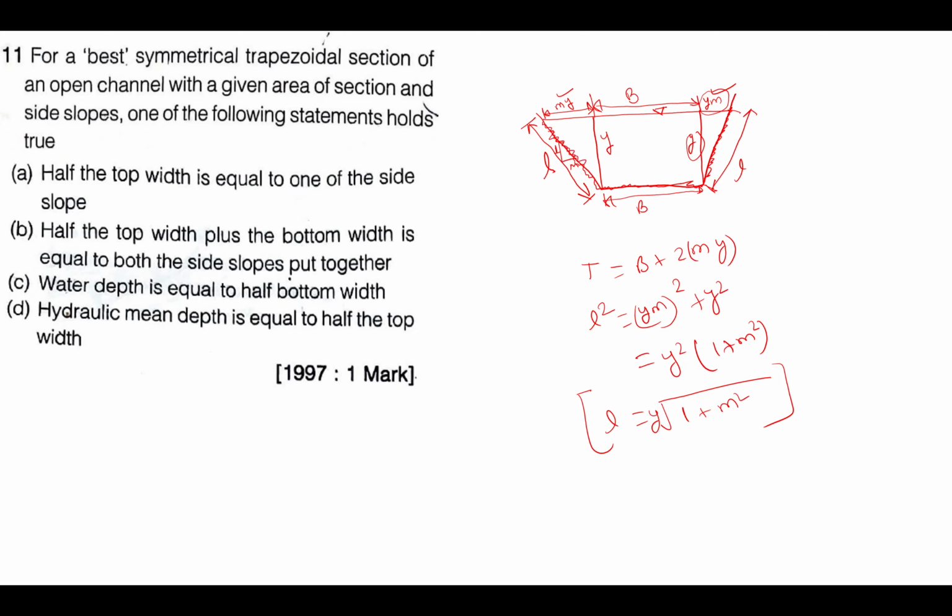Lining cost is very high, so we need to reduce it, so the perimeter should be very small for a particular discharge. So we apply mathematical formulas when we calculate the perimeter. What will be the perimeter? 2 times L plus B. You can put the L value here and you will minimize the perimeter, right?